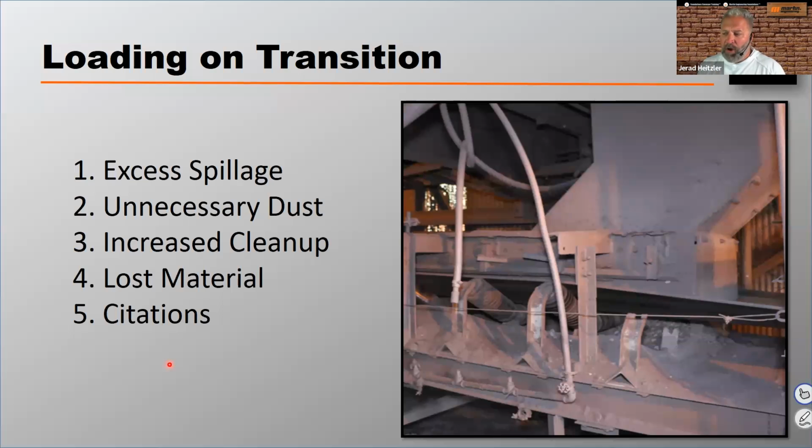If you don't fully trough the belt before it's loaded, it makes it very difficult to seal in material and very difficult to seal in air. So that's going to create excess spillage. That's going to create unnecessary dust. That's going to increase cleanup costs. That's going to cost lost material or lost product. And certainly, potentially, it's going to create citations from either OSHA or MSHA on housekeeping.